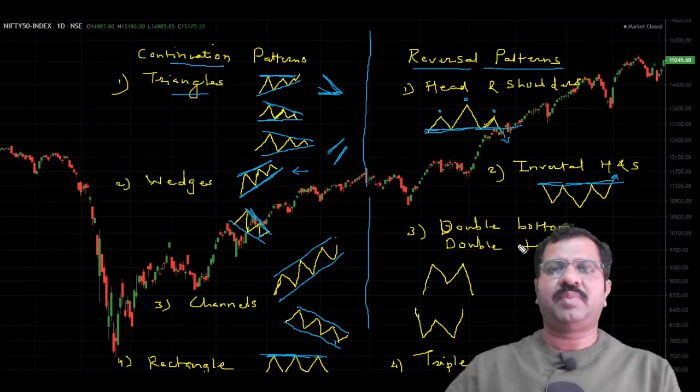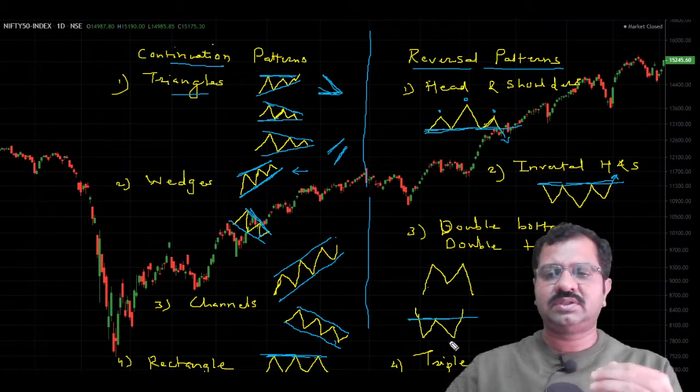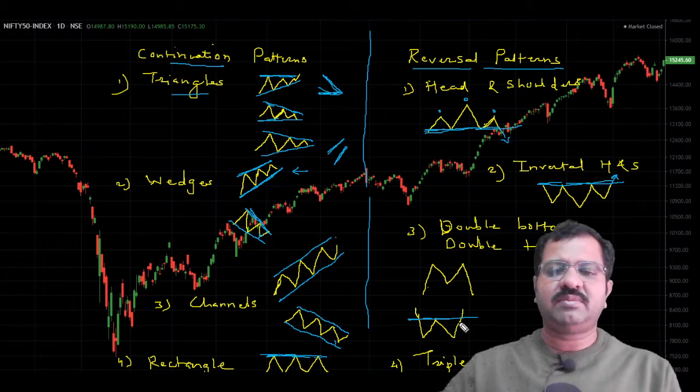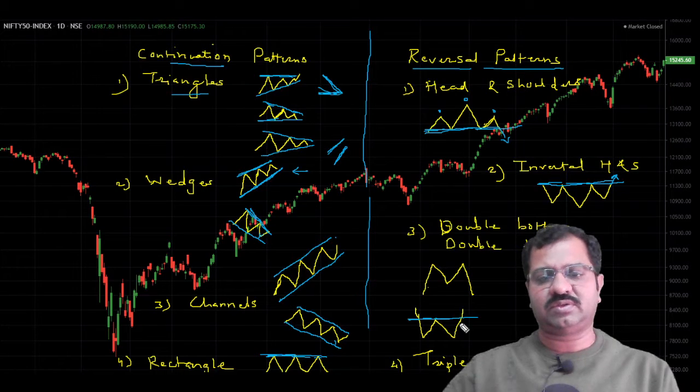The double bottom pattern forms at the bottom of the trend, or when a downtrend is coming to an end. This is many times referred to as the W pattern also.